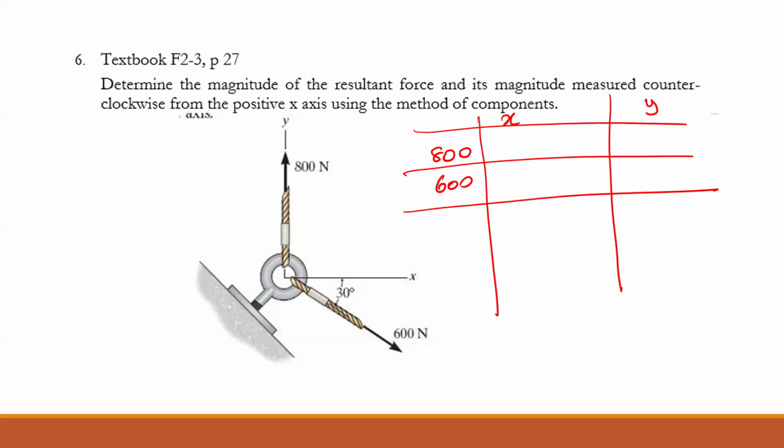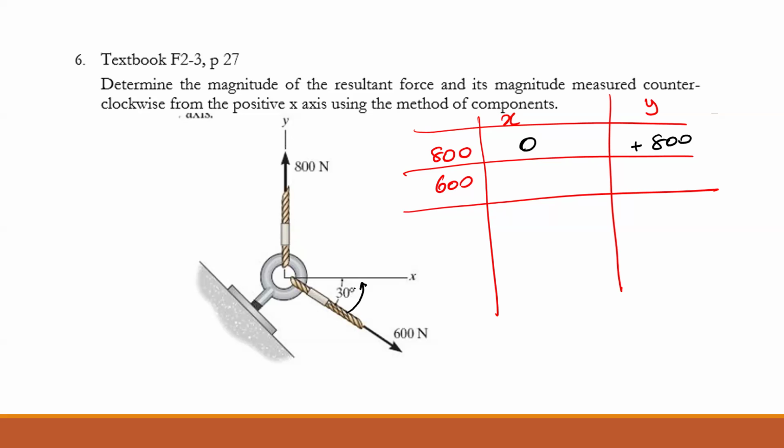800 is very easy. It is towards y. So what is the x component of 800? 0. Yes, it is 0. And this one is just 800, positive. How about the 600? I told you when the angle is towards x, the component is cos.